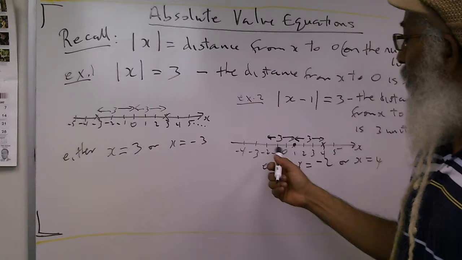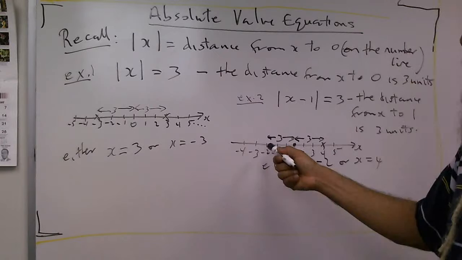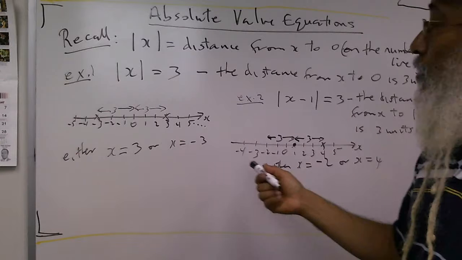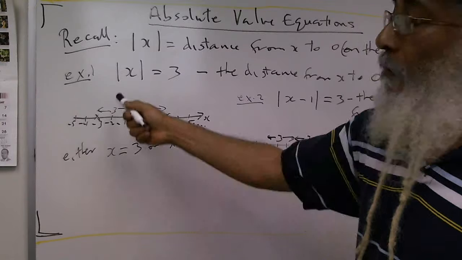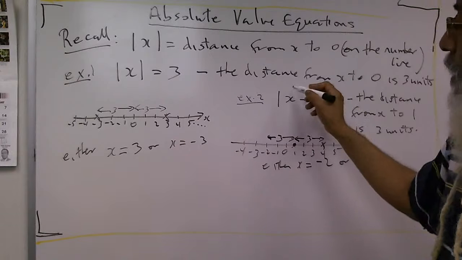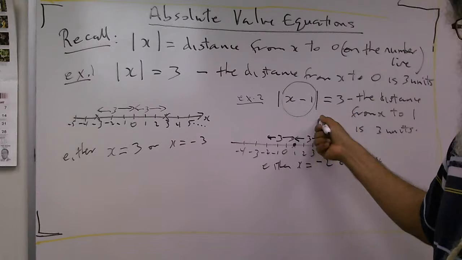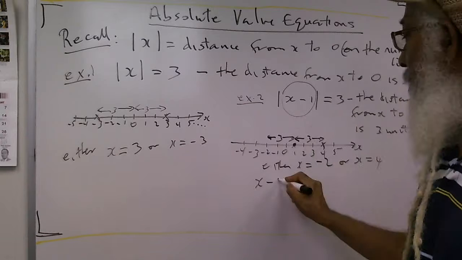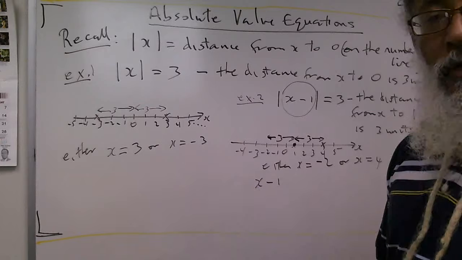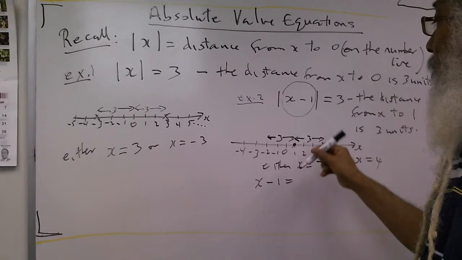But how do we get these answers without the number line? So we take a pattern from example 1. We take the expression that is inside of the absolute value, x minus 1, and we put that equal to the right-hand side, 3.